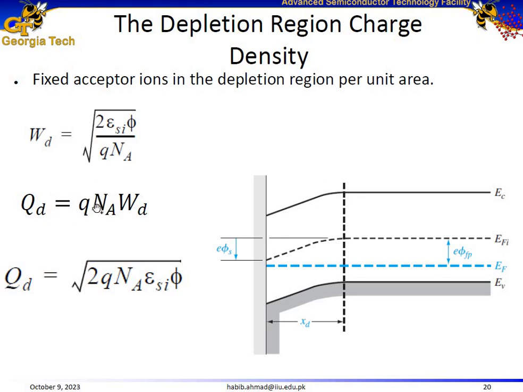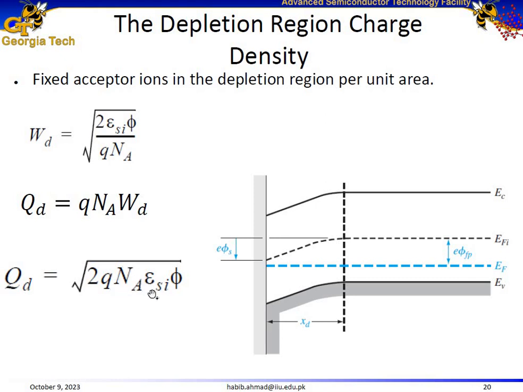Q is the charge on electrons, and A is the acceptor doping, and WD is the depletion width. So replace this value in this formula, and we got a relationship for the calculation of the depletion region charge density in coulomb per centimeter square.